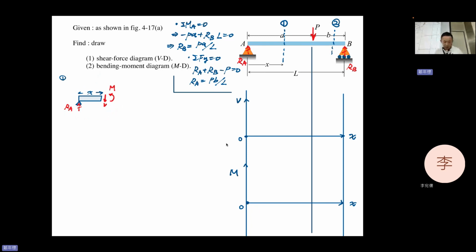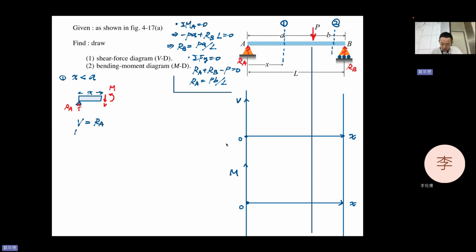The one here is describing x less than a, right? x less than a, because this is before the P appeared. So this is x less than a. So let's do it, V equal to R_A, according to the sum of forces in y equal to 0. Downward V, R_A upward, so they need to be balanced.